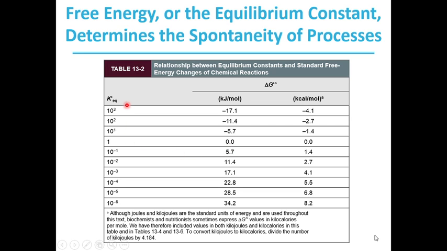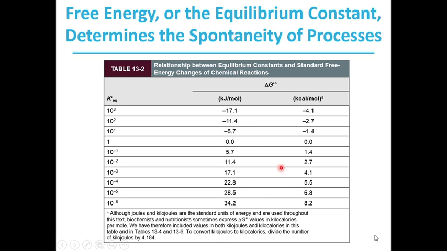If the equilibrium constant of a reaction is greater than 1, for example, 10 to the 3, the standard free energy change is negative. If the equilibrium constant is less than 1, for example, 10 to the minus 4, delta G, or the standard free energy change, is positive.